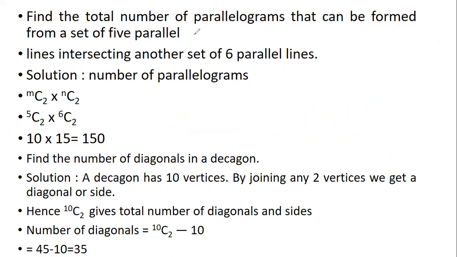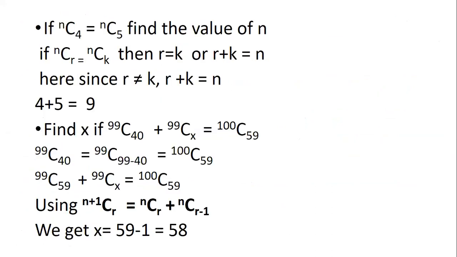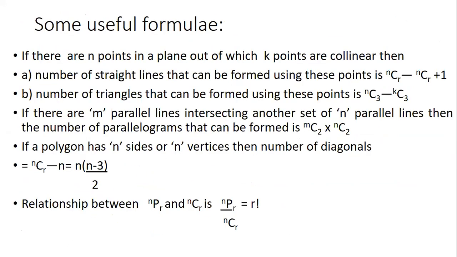Okay, so let us go back to the useful formulas of combinations and understand what that direct formula is. So if there are m parallel lines intersecting another set of n parallel lines, then the number of parallelograms that can be formed is mC2 into nC2.